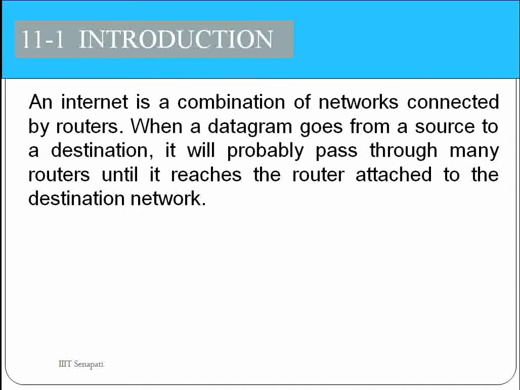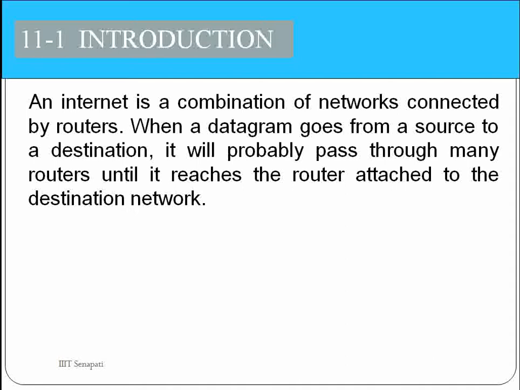Optimal means something, right? When a router receives a packet, it will have to decide to which next router the packet will be sent. This decision will be based on optimism. It will try to find out which is the optimal path, right? So what can be optimum?